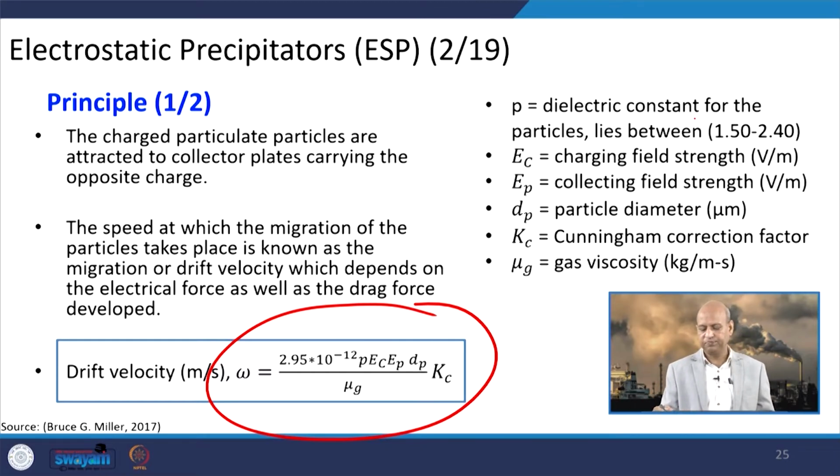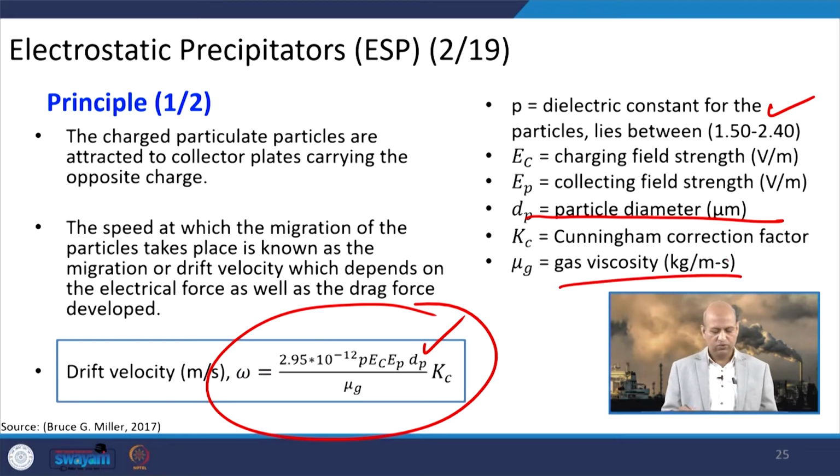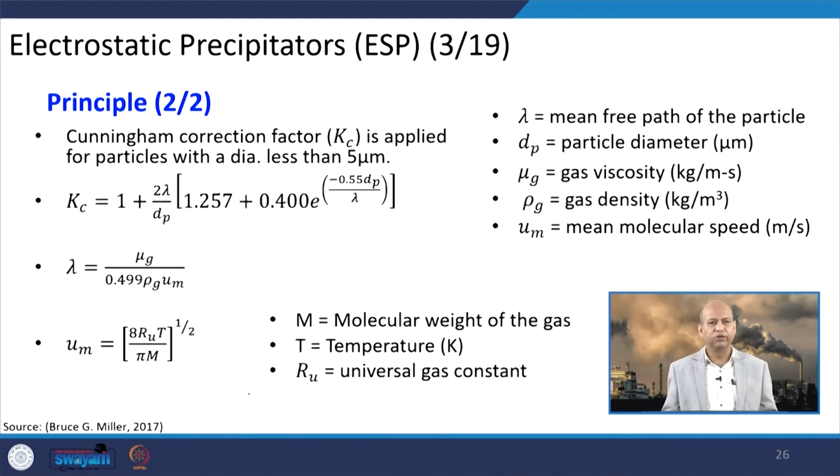The dielectric constant is between 1.5 and 2.4. Then EC is the charging field strength, EP is the collecting field strength, dP is the particle diameter, Kc is a correction factor, mu g is the gas viscosity. All these parameters are used for calculating the drift velocity.